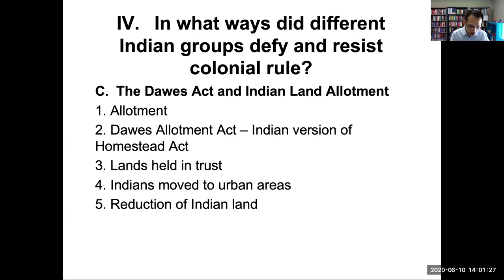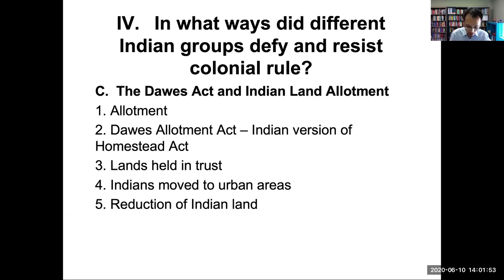The act permitted the government to hold an individual Indian's newly acquired land in trust for 25 years. And only then would the Indian be granted the citizenship rights that land ownership entailed. It would not be until 1924 that formal citizenship was granted to all Native Americans.